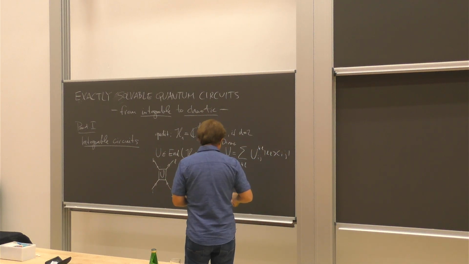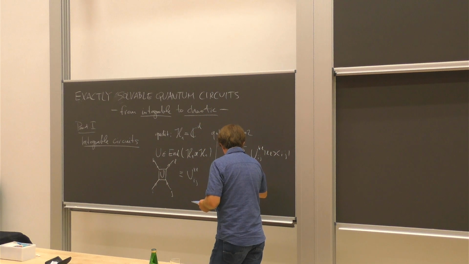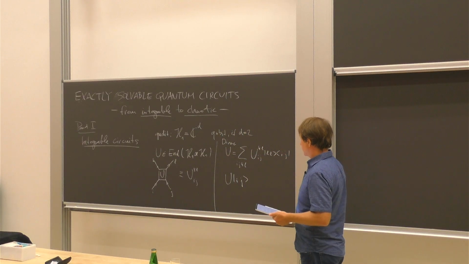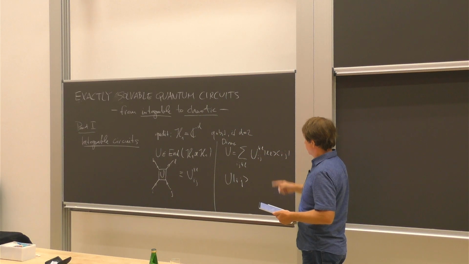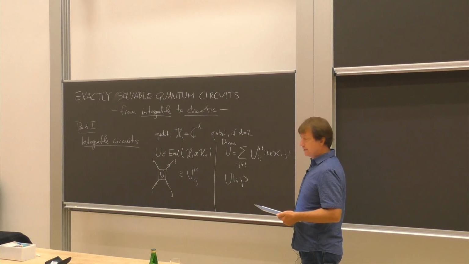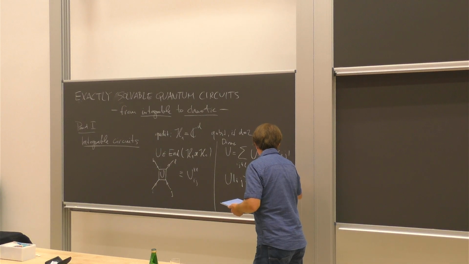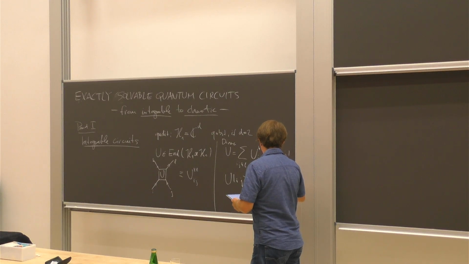An operator is completely specified by its action on any basis state. Basis states can be labeled by products of single qubit states, ij. So then it's just the sum over kl, U ij, kl, kl.